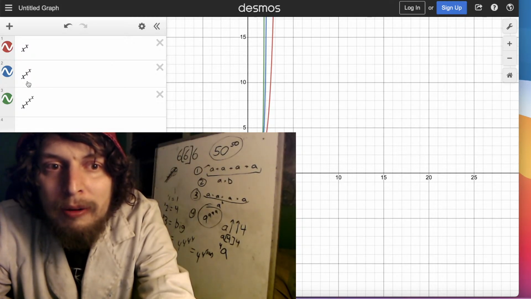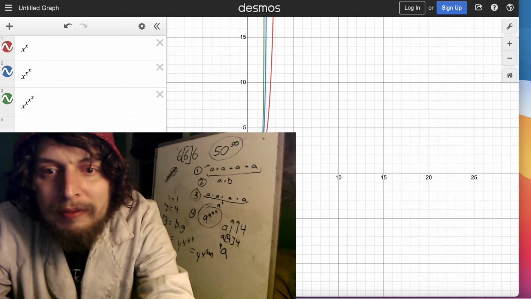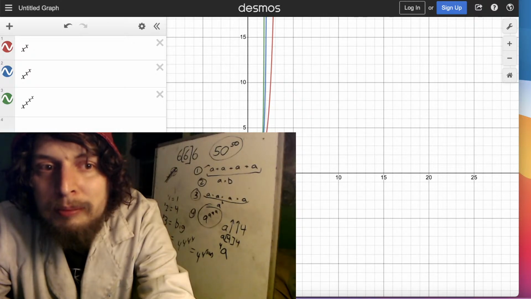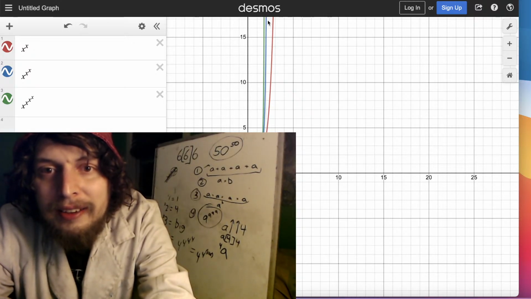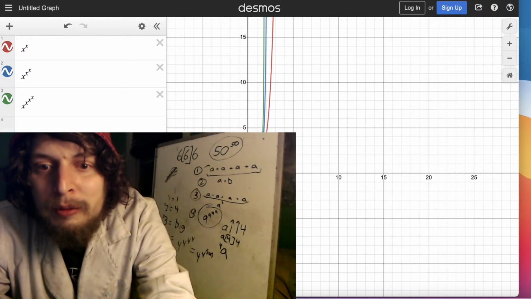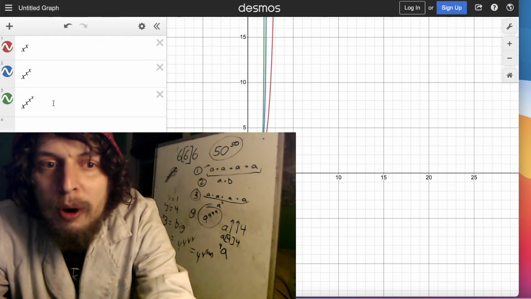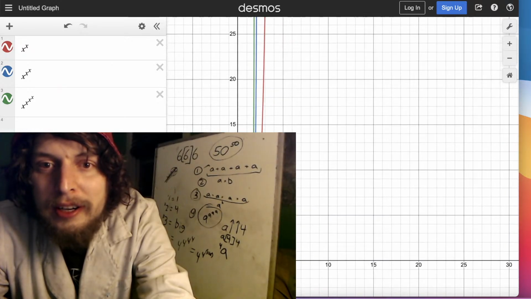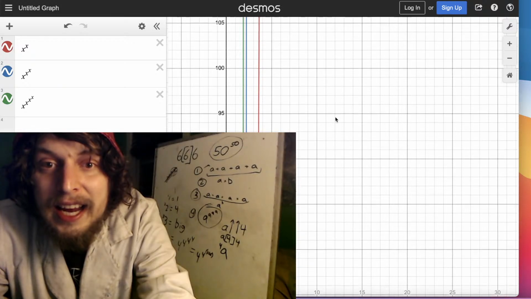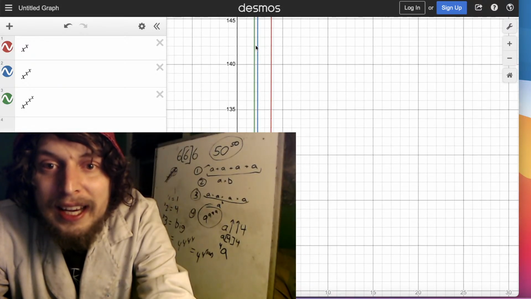Now, what about 4 to the 4 to the 4? When is 4 here as an input going to touch the blue line? Well, what about the green line? When 4 touches the green line, the y-coordinate is 4 tetrated 4. And we can see that the green line is going to take a really long time even to get there.